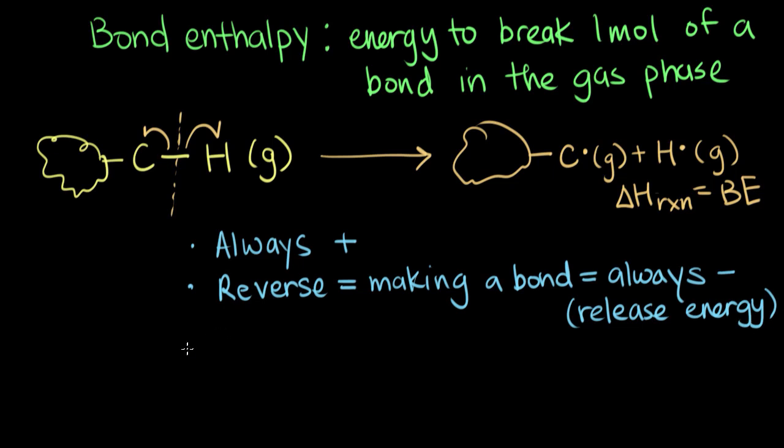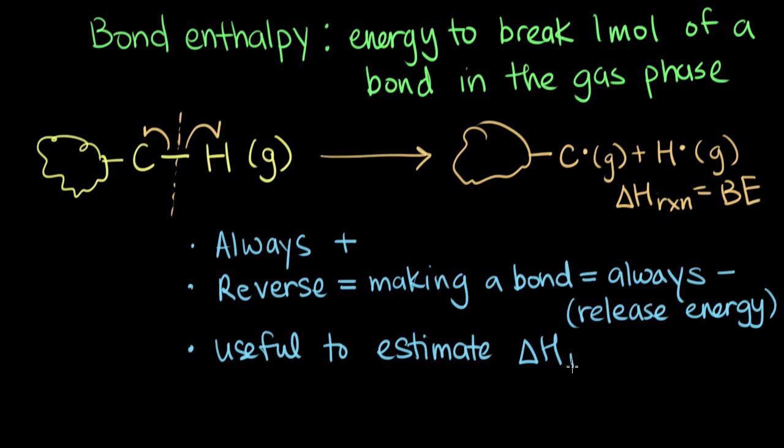And then the third thing that we're going to discuss about bond enthalpy is that you can use bond enthalpy to estimate delta H of reaction. And delta H of reaction, or the enthalpy of reaction, is something that chemists are often interested in. We want to know if it's exothermic or endothermic.